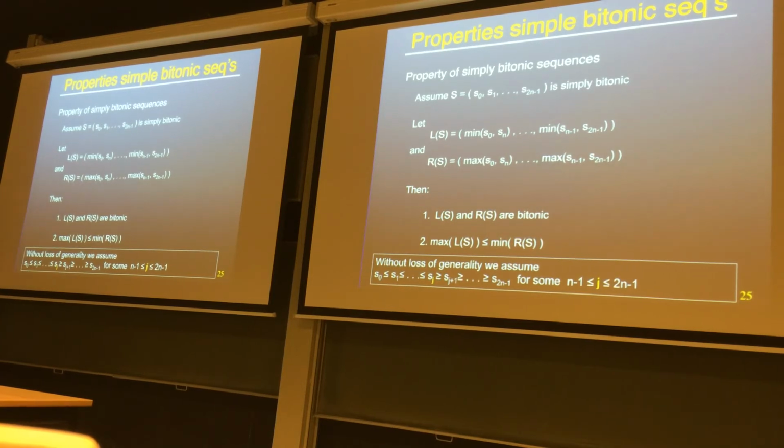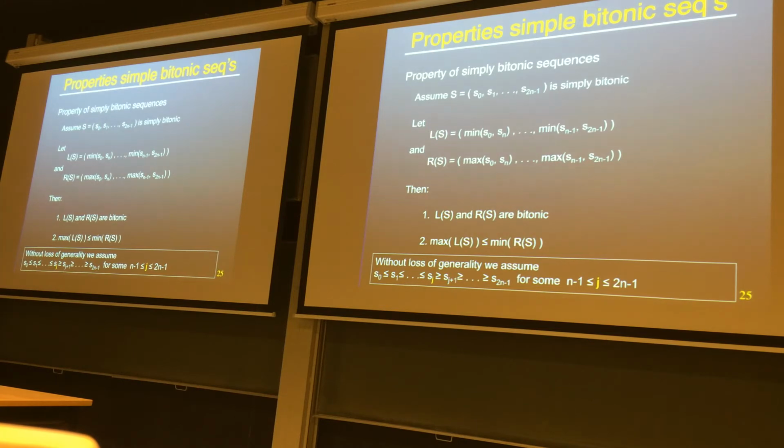Now, I will give you a part of the proof, and this part of the proof just assumes that if you take a bitonic sequence as a unimodal sequence with a unique maximum, then this maximum will always appear in the second half. So j will appear between n-1 and 2n-1. Yeah?